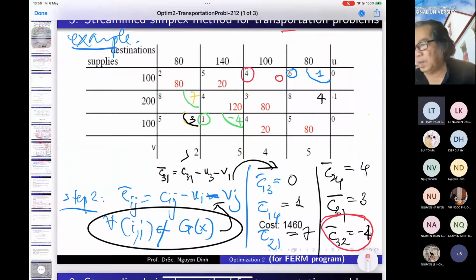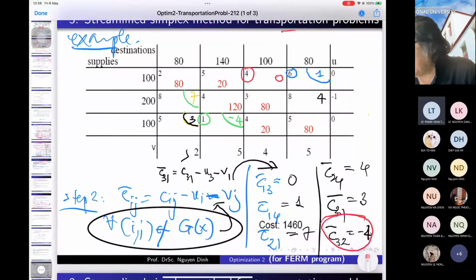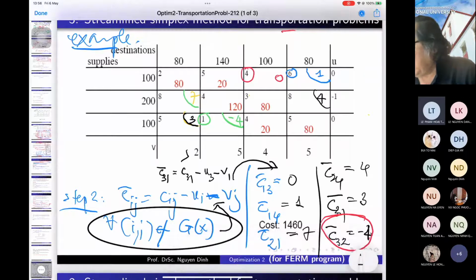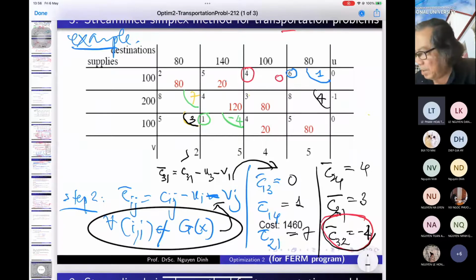So you see here, the number in the top right corner is c bar ij. Is that okay? And you have c bar 2, 2, 3, 3, 3, 2.